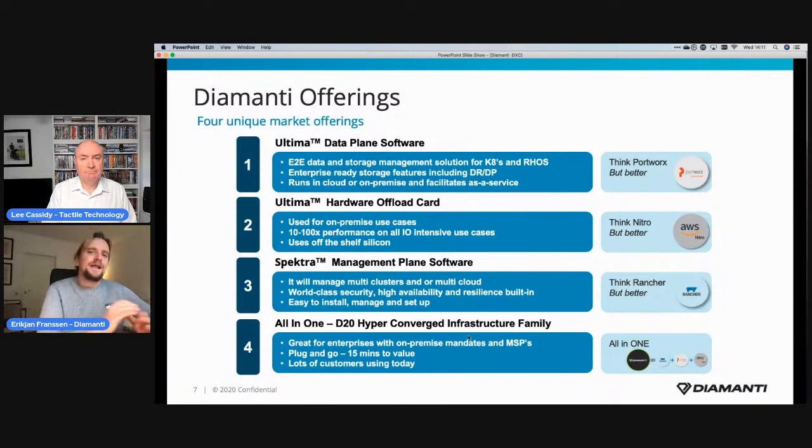And Diamanti has been developing that hardware offload card for ages. We already saw that the offload card is the critical component to accelerate applications and simplify the relationship between the application and the underlying infrastructure.